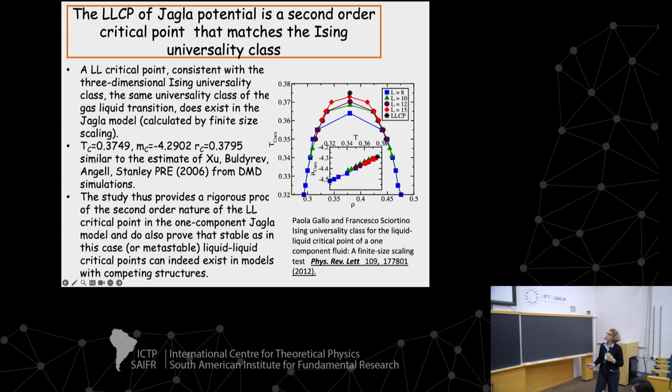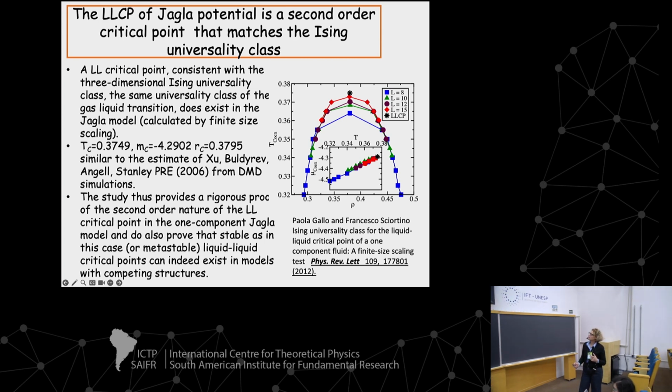But what we found out for Jagla is that TC, PC, and rho C are exactly at the same location estimated with those indicators in this paper done by Limei Xu, Sergey Buldyrev, Angel, and Eugene Stanley in 2006 from molecular dynamics simulation on this very same potential.